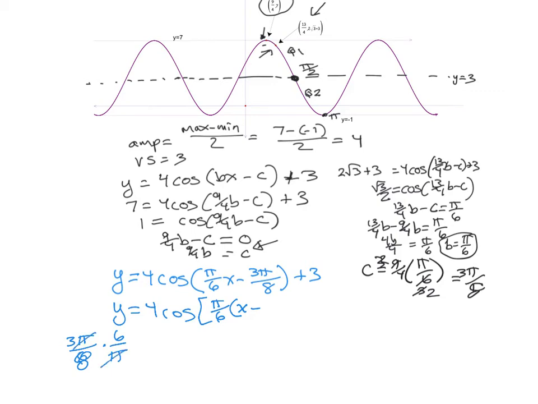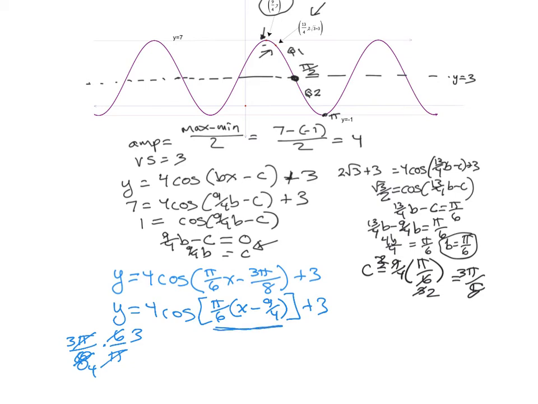Simplifying here, I would get 9 pi over 4, plus 3.